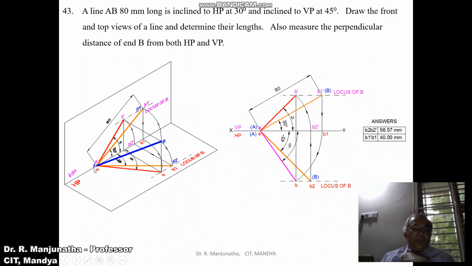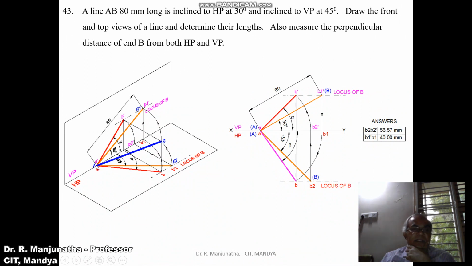Now, because AB2, the locus of B in the top view, is at some distance from the vertical plane, with A as center, taking the radius AB1 using the compass, you draw an arc such that it cuts the locus of B in the top view here. Then you get this point small b. Then join AB with a dark line and measure the inclination with respect to the vertical plane as beta.